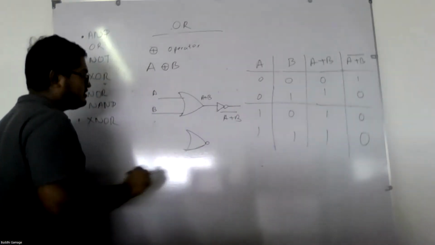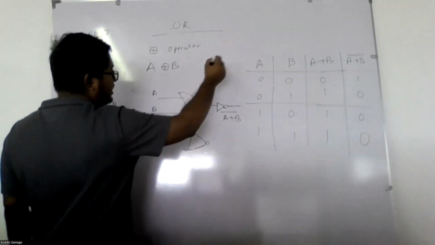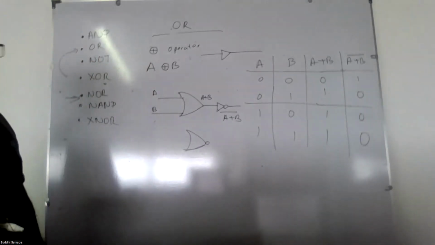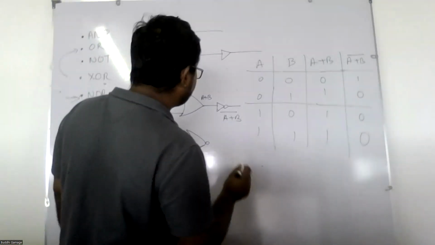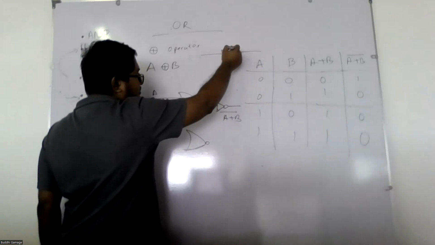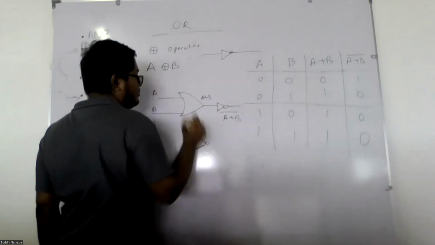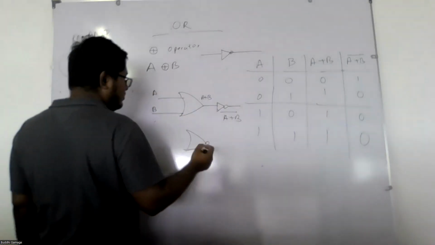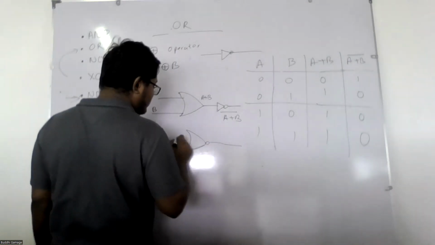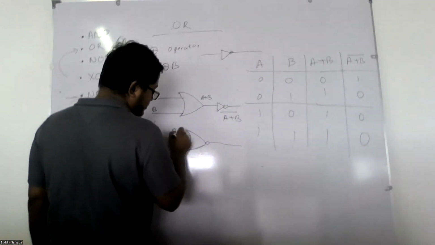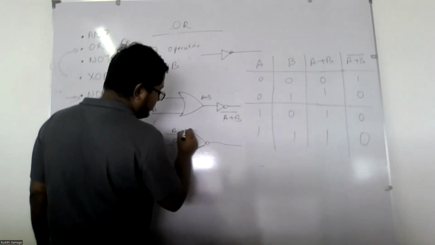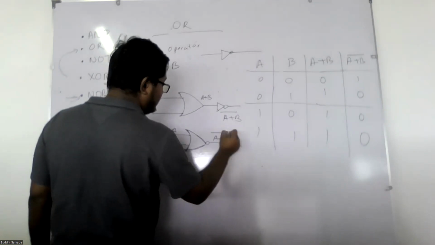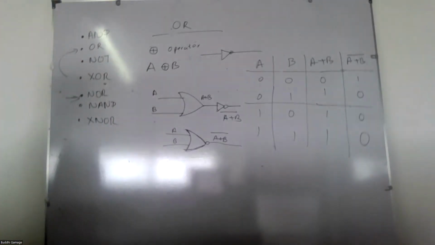Like in the NOT gate, where we define the direction of the current flow using a triangle and put a small circle to indicate negation. So here also we can do that. This is the OR operation of A, B, and we are negating the whole thing.